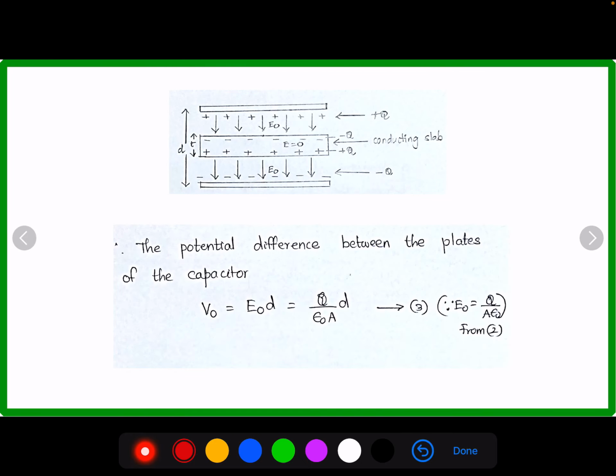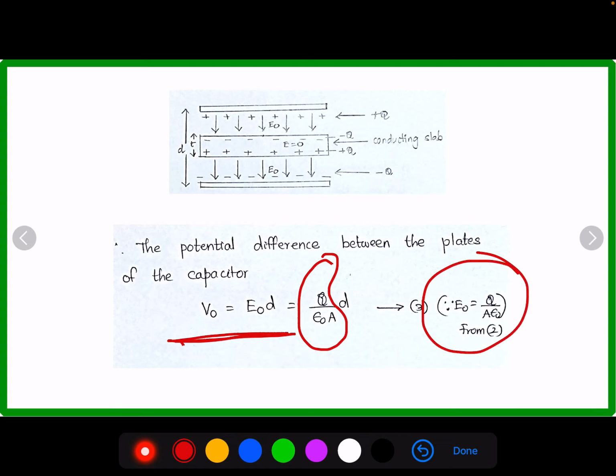Now, the potential difference between the plates of the capacitor, V naught, is equal to E naught into d. From equation 2, E naught is equal to Q by A epsilon naught.